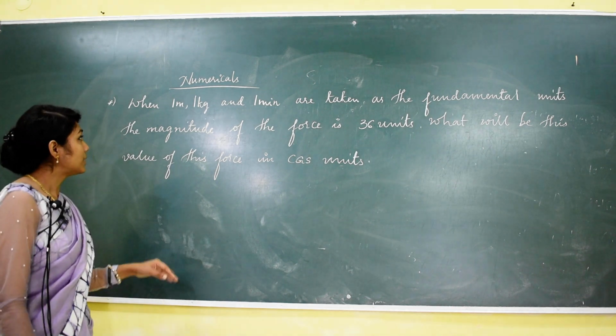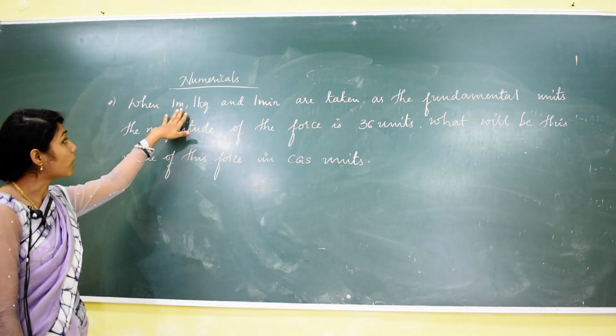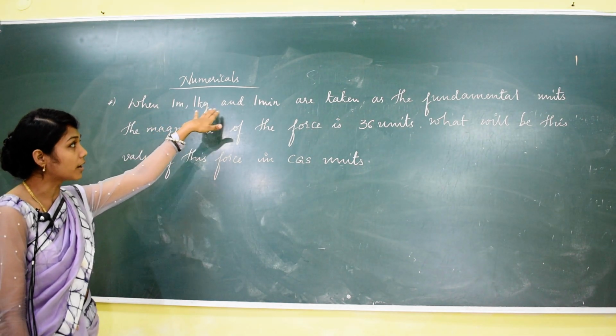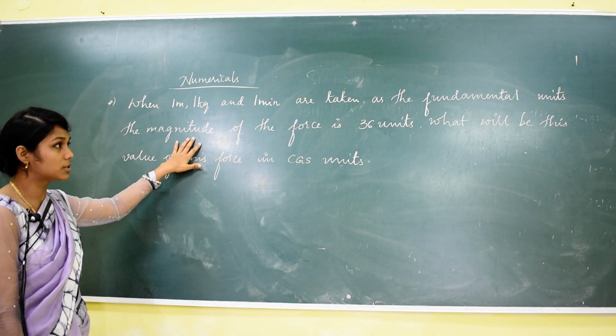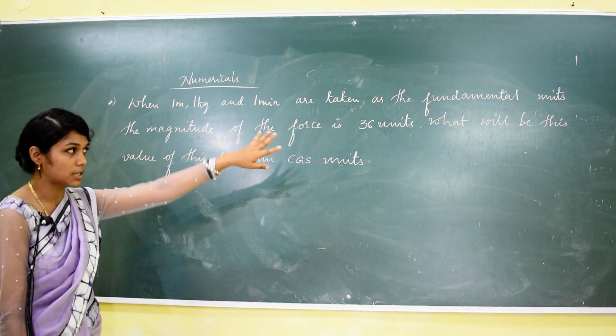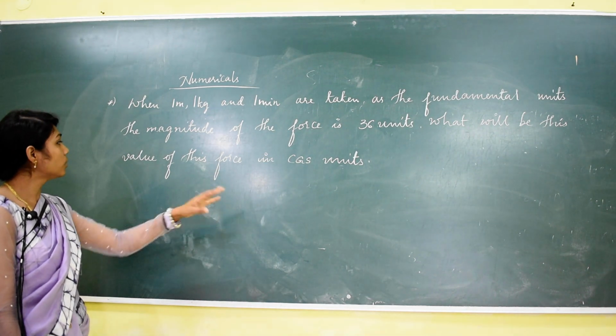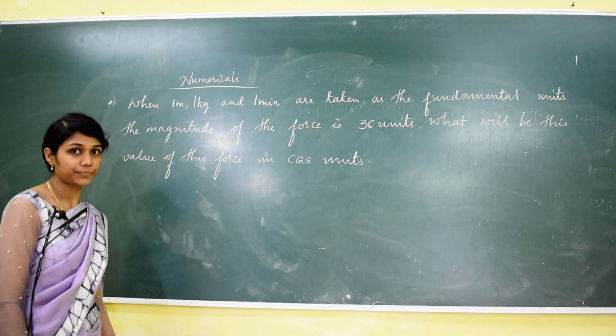Let me read the problem. When 1 meter, 1 kg and 1 minute are taken as the fundamental units, the magnitude of the force is 36 units. What will be this value of force in CGS unit?